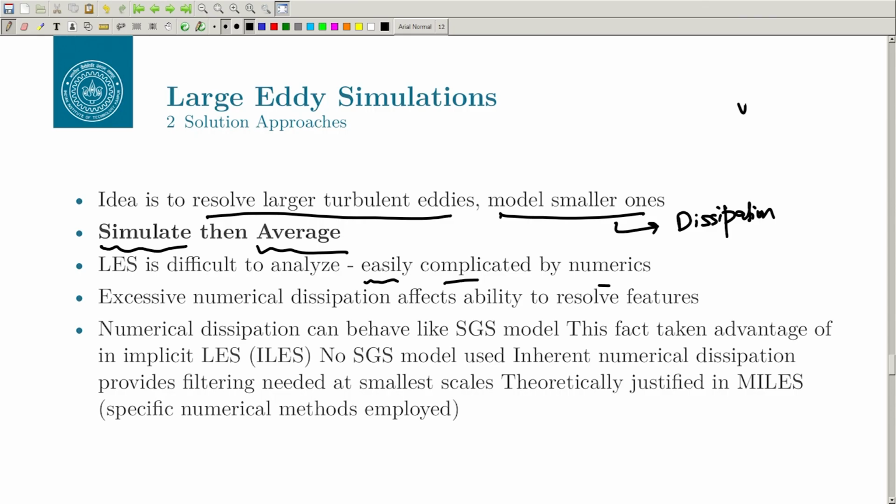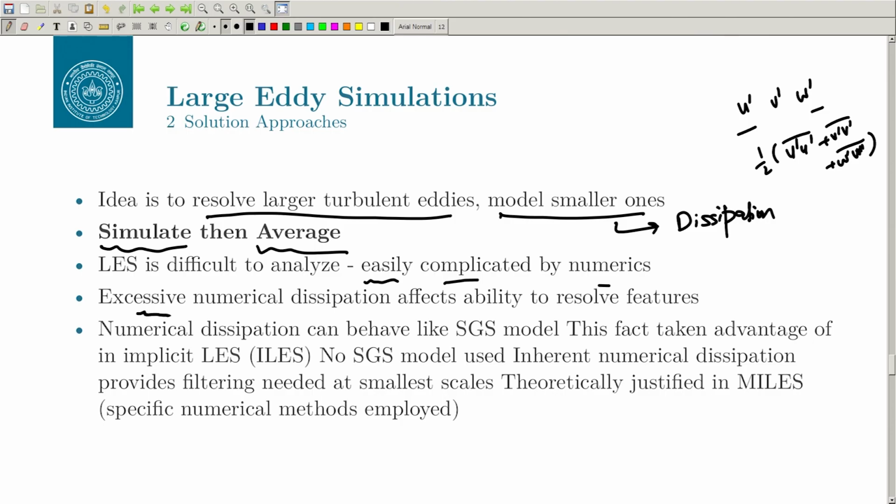Here you get the quantities u prime, v prime, w prime and so on. If you want to calculate the turbulence kinetic energy, you have to combine the u prime, v prime and w prime terms. It requires a little bit of involved calculation, which I will discuss for LES also.